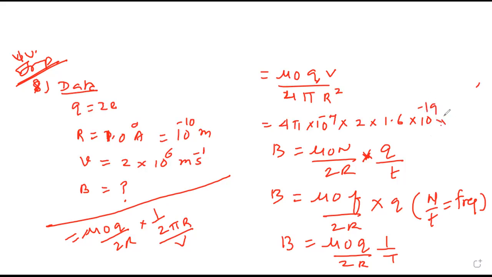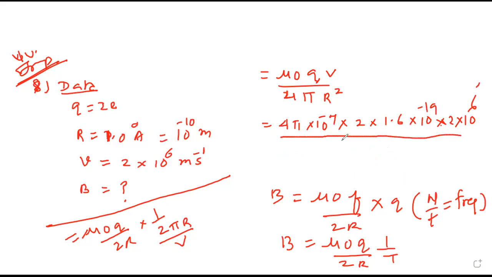V is 2 into 10 raised to 6. Mu naught is 4 pi into 10 raised to minus 7, we have to remember, upon 4 pi into 10 raised to minus 10 whole raised to 2.